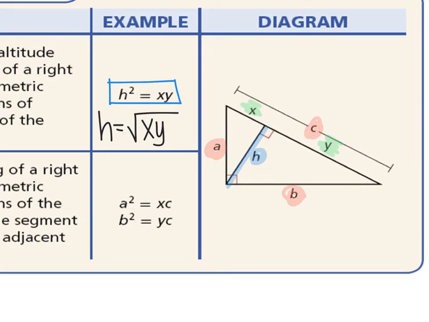So if I ask you to find the altitude, we can use h squared equals x times y, or h equals the square root of xy.